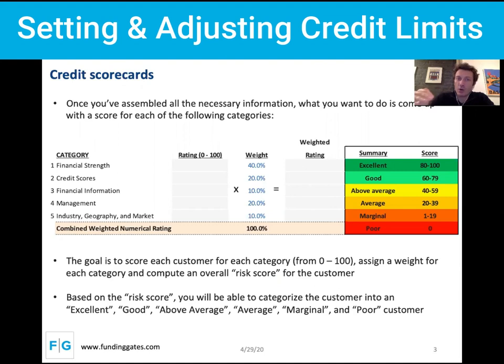For every category, you can set up a number of points, typically varying from 0 to 100. Then you assign a weight to each category, ranging from 0 to 100%. What comes out is a weighted rating for each category that you then sum up, and then you know where the customer falls, in which risk bucket.